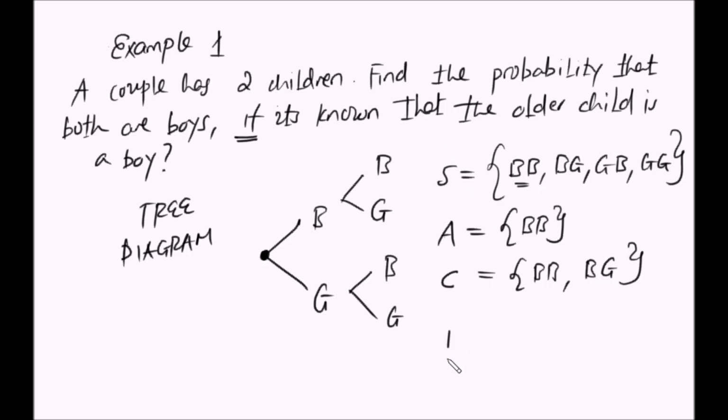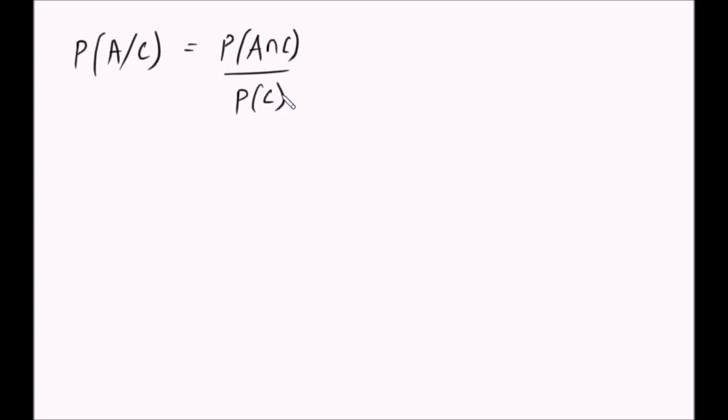So I want to find the probability that both are boys given that the older child is a boy. This is what we want to find. From our conditional probability formula, the probability of A given C is the probability of A intersection C over the probability of C. The probability of an event is the number of elements in the event set over the number of elements in the sample space.